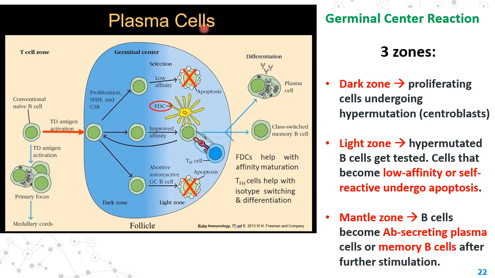In this mantle zone, you're going to find your plasma cell that is going to be shooting out antibodies, and also your memory B cell that is going to show up there. So, shooting antibodies and developing your memory B cell. Memory and plasma cell shooting antibodies in your mantle zone.